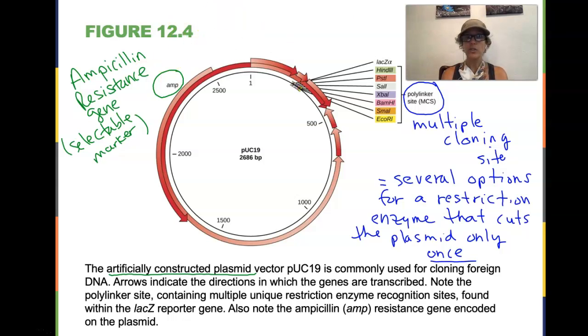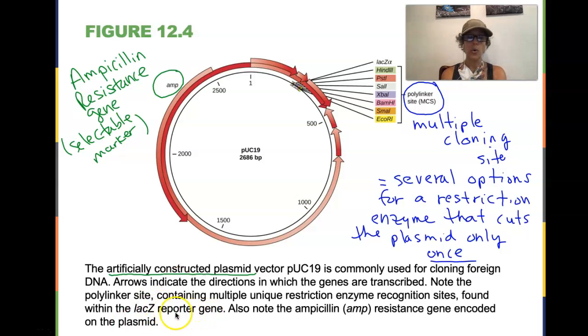The last feature on here is this LAC-Z alpha. That is one of those genes from the lac operon, those genes that are used for digesting lactose.